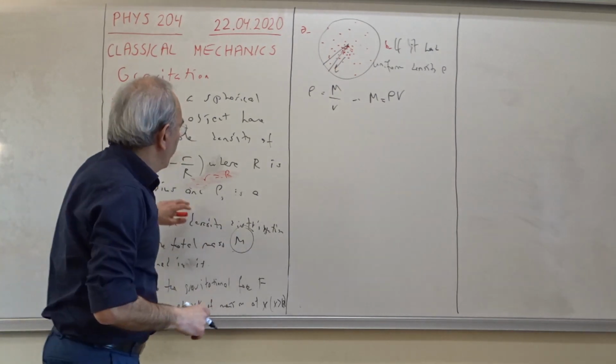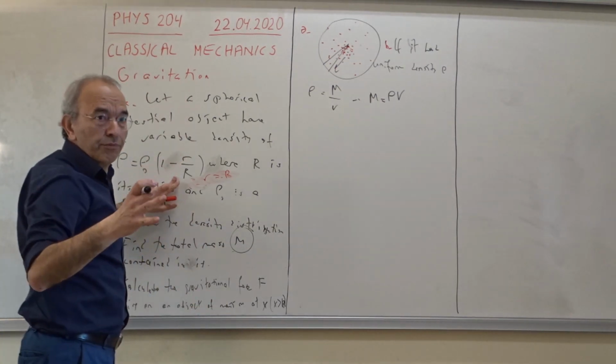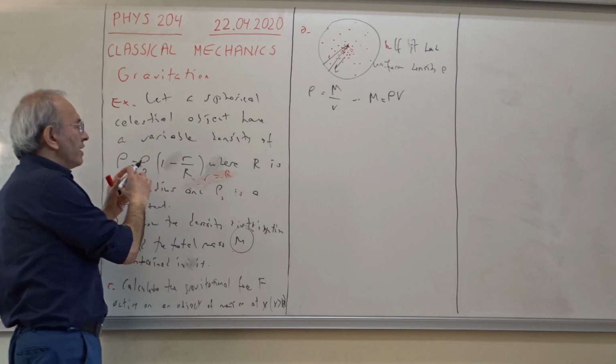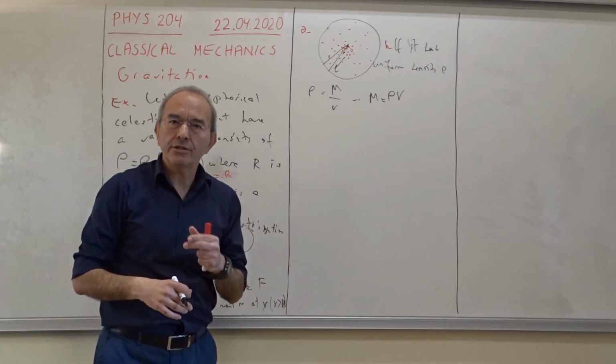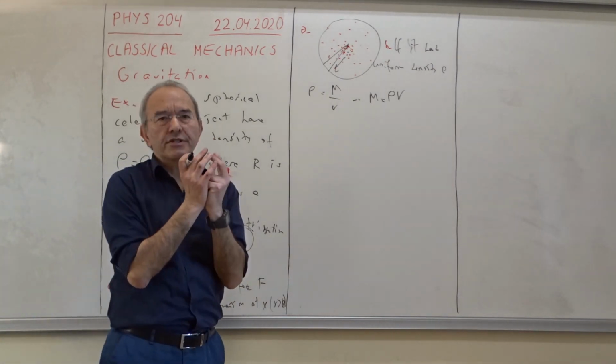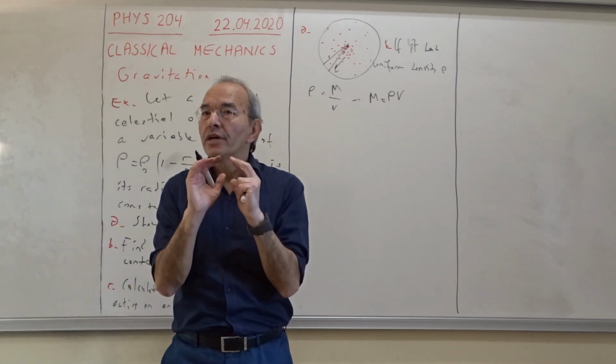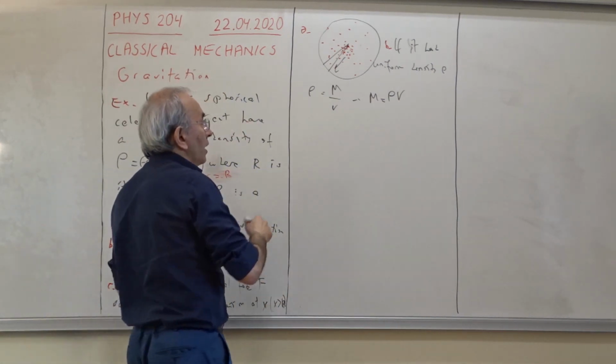However, here we don't have a uniform density, instead we have a gradually decreasing density. So we should consider the total spherical volume as composed of spherical shells.